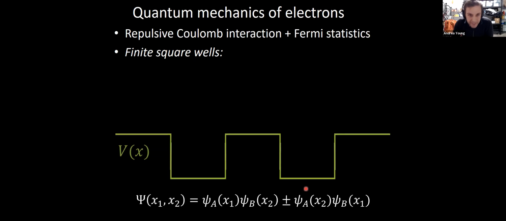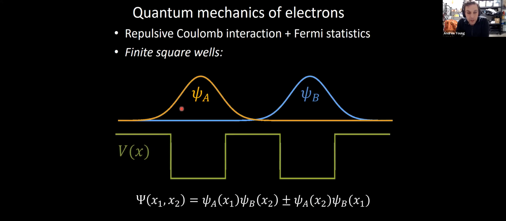So there's a simple way to see this. It's actually an exercise in Landau and Lifshitz quantum mechanics, deriving the exchange interaction in a pair of finite potential wells. So if you put two particles in two finite square wells, you can calculate the effect of the Coulomb interaction by putting particles in either a symmetric or anti-symmetric combination of, say, the ground state wave function of these two wells.